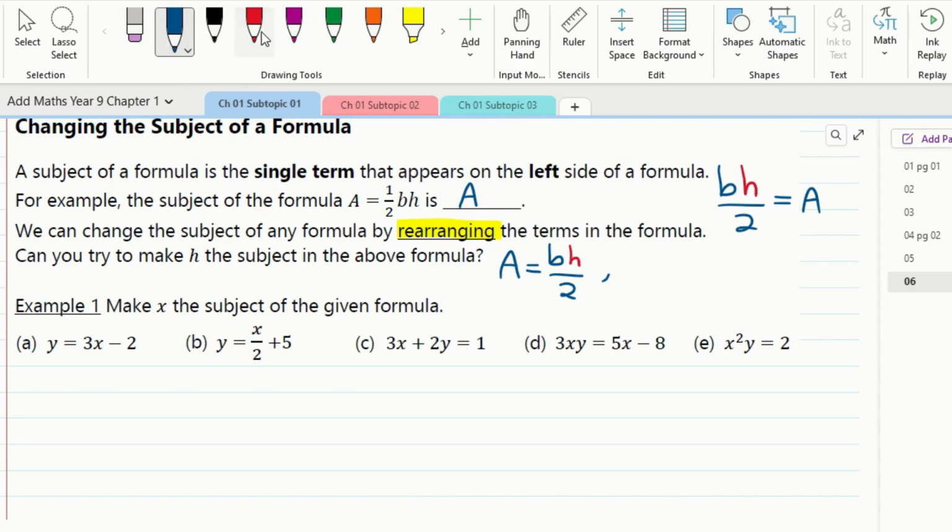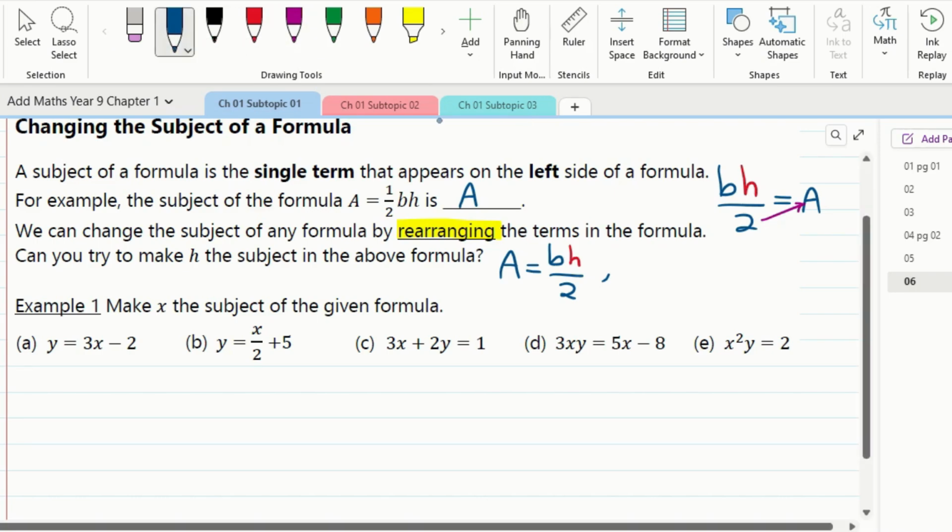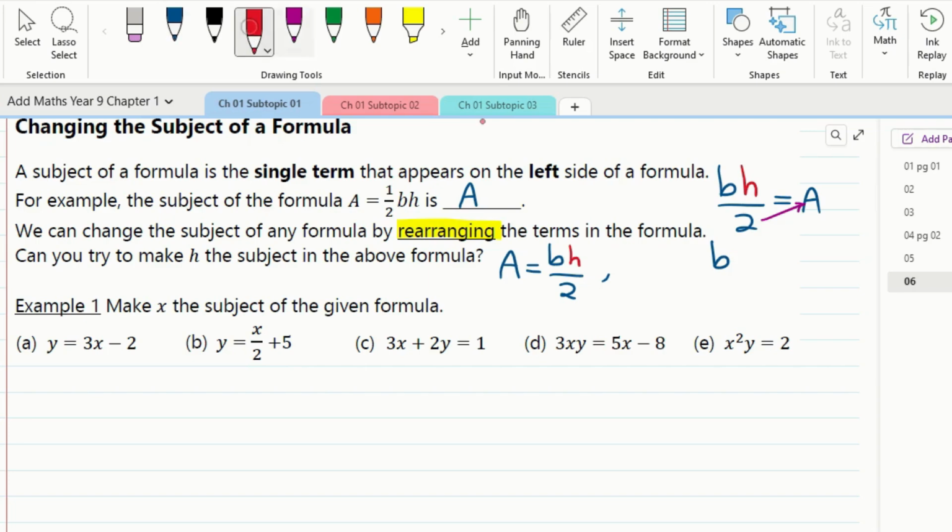But here you are doing what we call reverse BODMAS. So you are supposed to move 2 first. Here you are cross multiplying 2 to the right-hand side. So on the left-hand side it is B times H, and on the right-hand side it is going to be 2A.